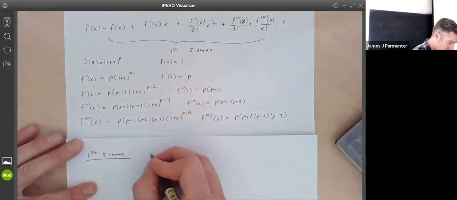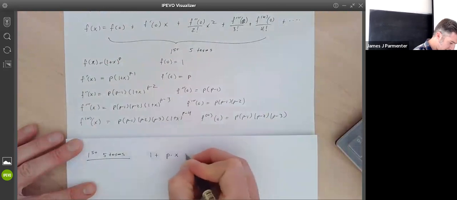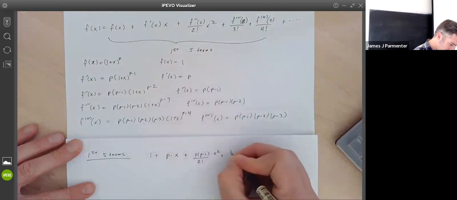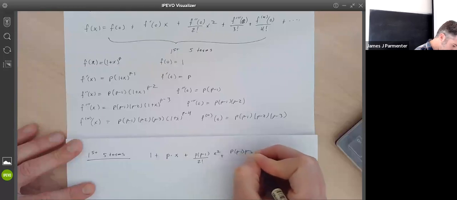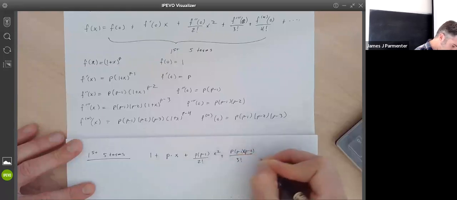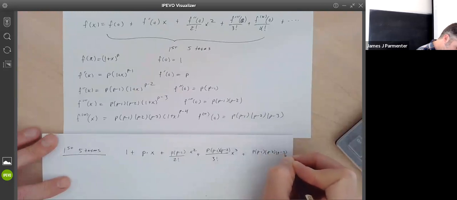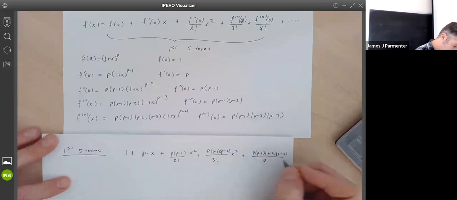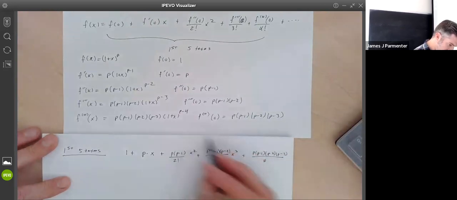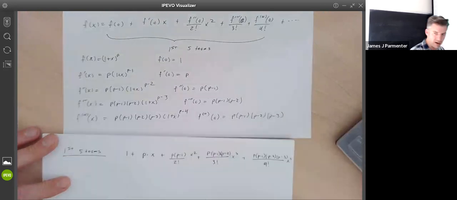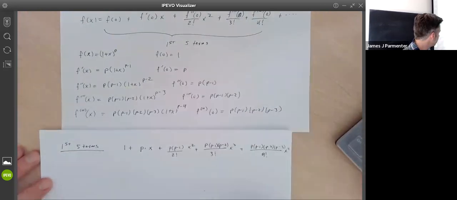So I'm going to get 1 plus p times x plus p times p minus 1 times x squared over 2 factorial plus p times p minus 1 times p minus 2 over 3 factorial times x cubed plus p times p minus 1 times p minus 2 times p minus 3 over 4 factorial times x to the 4th. Okay, this definitely suggests a pattern.